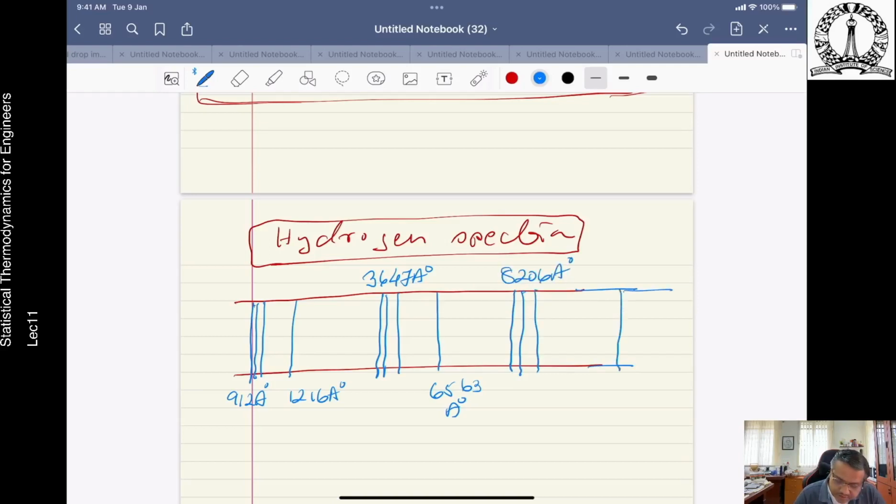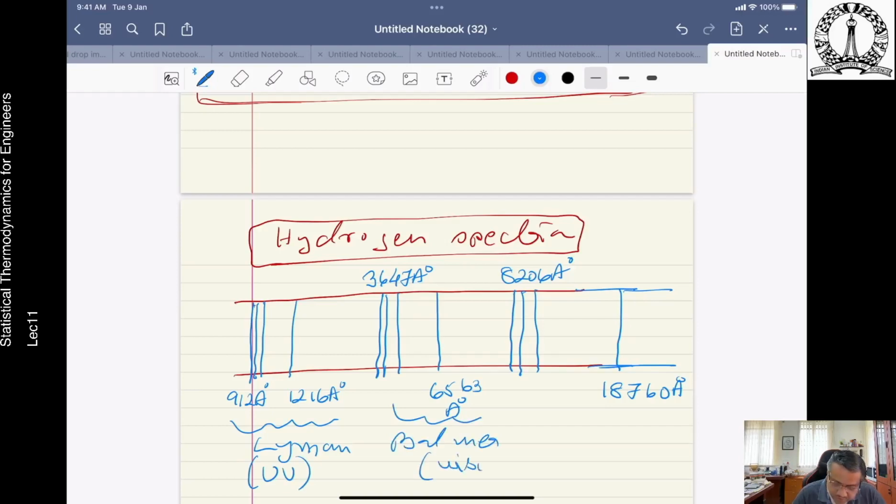And this is the final line, which is 18760 angstrom. This is what we call the Lyman series. This is in the UV. This is called the Balmer series. This is in the visible. You see the distinct lines, right? This is called the Paschen series, which is in the infrared.